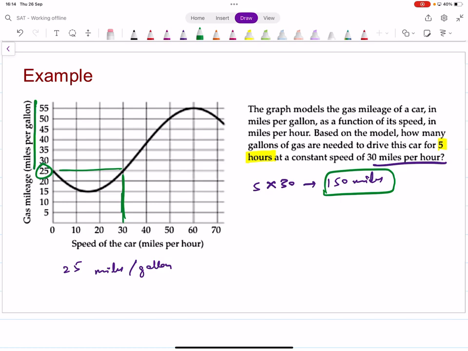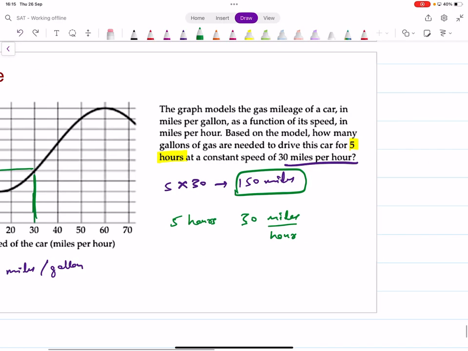You have 5 hours of time. 30 miles per hour is your speed, and what's the mileage? 25 miles per gallon. You can just use conversion factors. What do you want at the end? Gallons. Keep gallons, and cancel everything else.